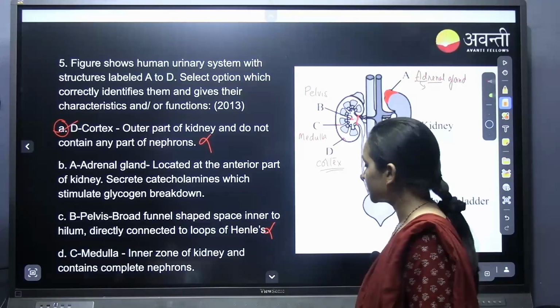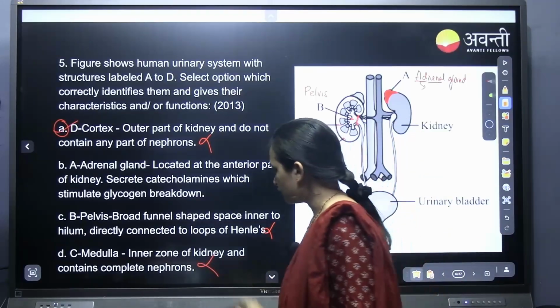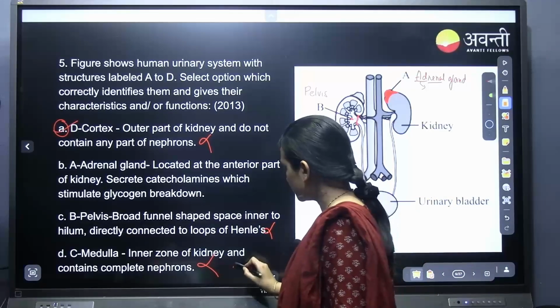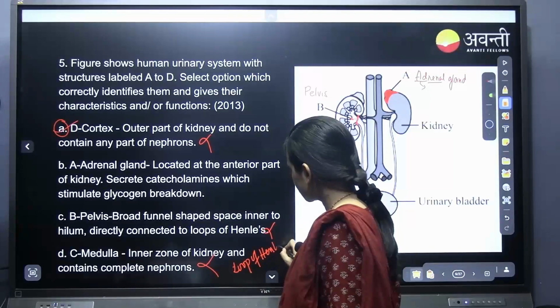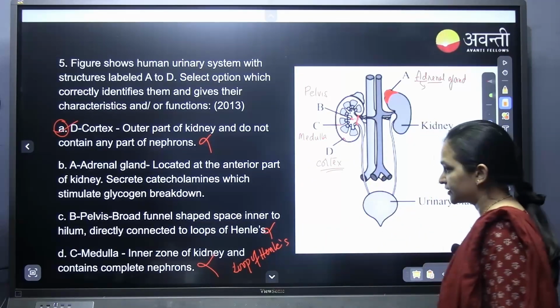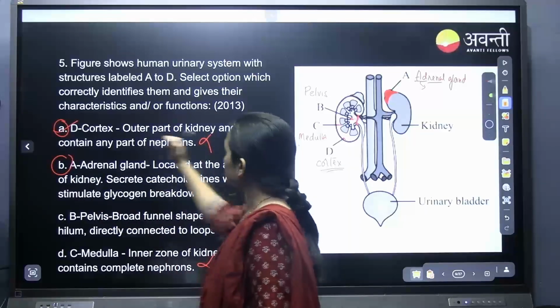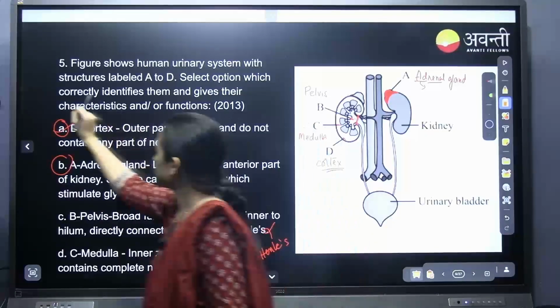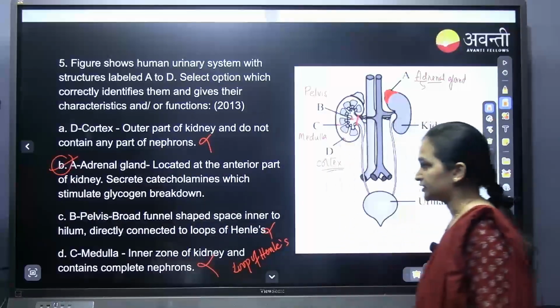C is medulla, inner zone of the kidney and contains complete nephrons. No. It contains only loop of Henle. So we get B. The answer is B, a correct answer.